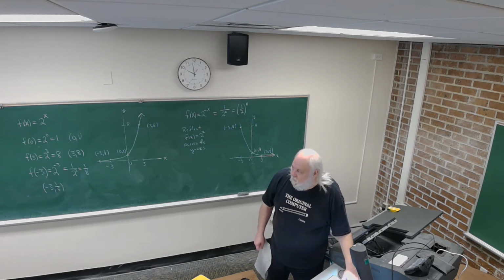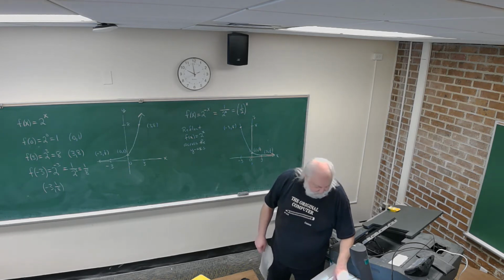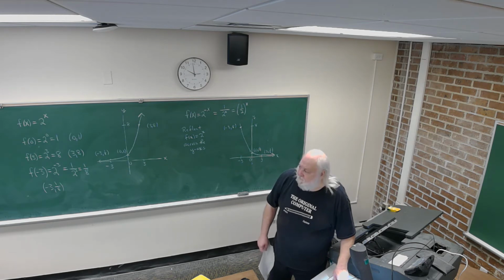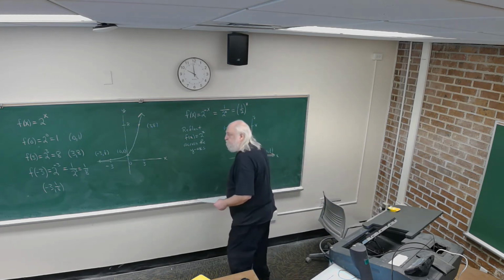Okay. So in the example down below, we're going to graph two exponential functions that have been transformed. So f of x equals 3 to the x plus 1 is a transformed exponential function. And this is a transformed exponential function. And so we're going to graph both of those.